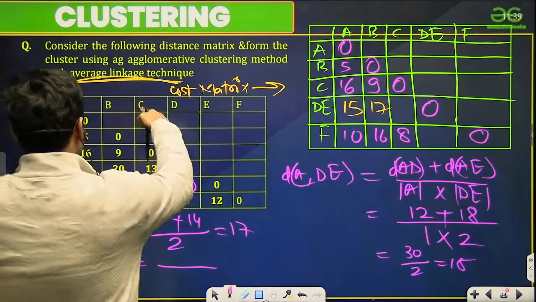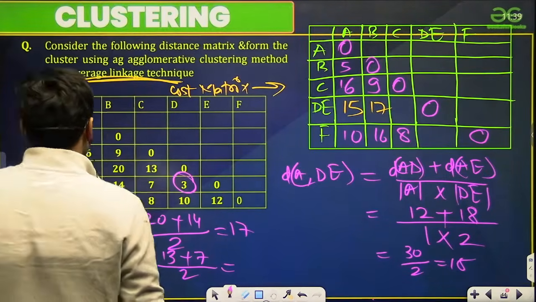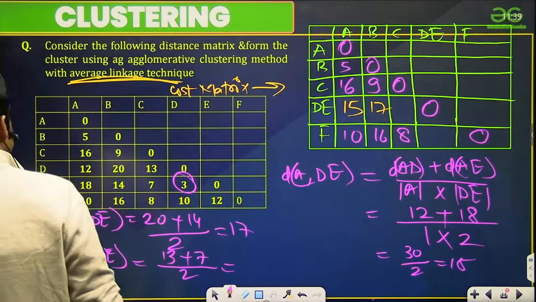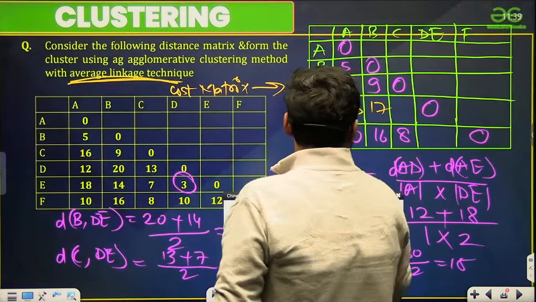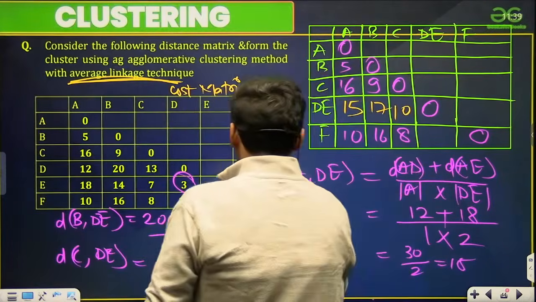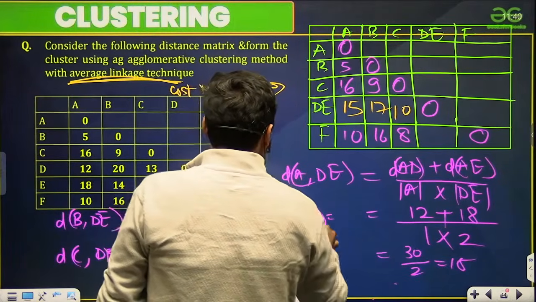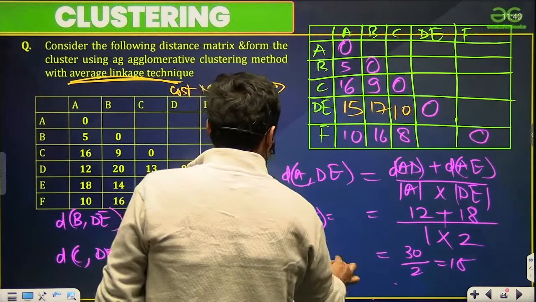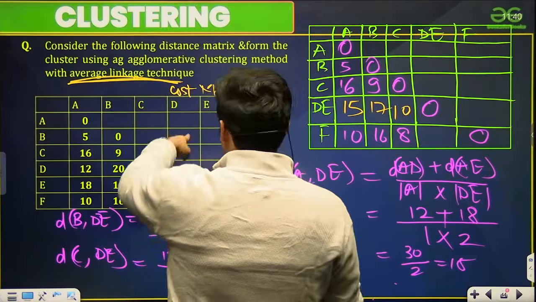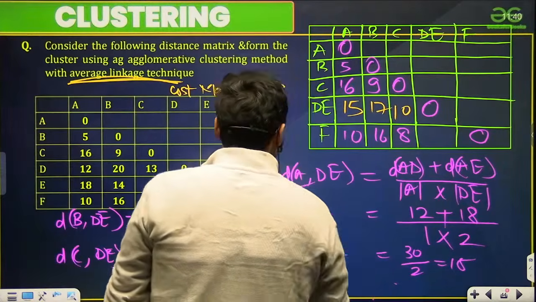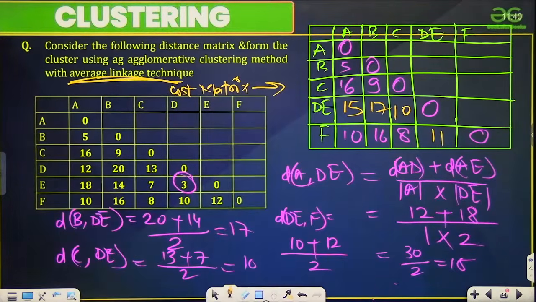CD 13 plus CE 7 by 2. अब ये आ जाएगा 20 बाई 2, 10. तो यहाँ पर आ जाएगा 10. अब DE से F, तो ये कितना आ जाएगा? This would be DF plus EF. What is DF? 10. And what is EF? This is 12 by 2, so this would be how much? This would be 11.